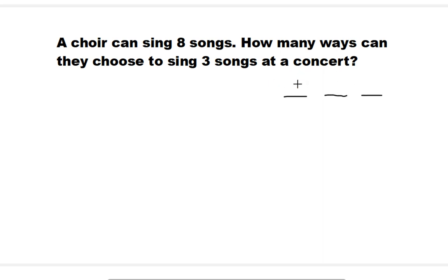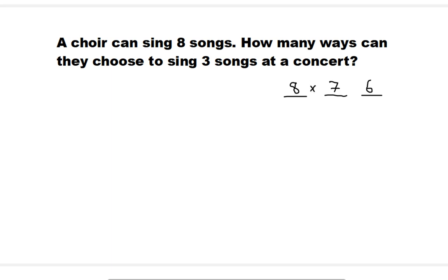For the first song, song number 1, they have 8 possible songs that they can sing. Presumably, in a concert, you're not going to hear the same song over and over again. So let's assume that they're going to choose a different song for song number 2, which means that they only have 7 choices left because they've already used 1. When we get here, they've already used 2. There are 6 songs left.